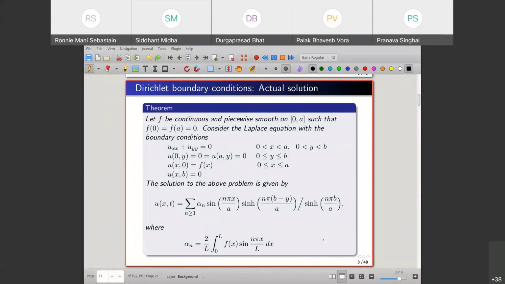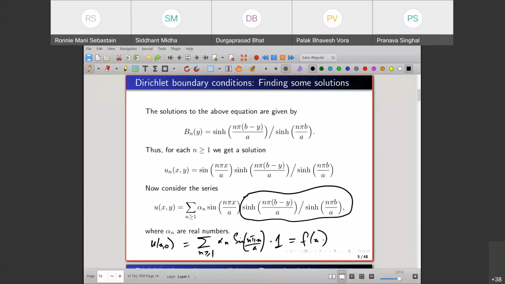So the alpha n's are the Fourier coefficients of f(x).